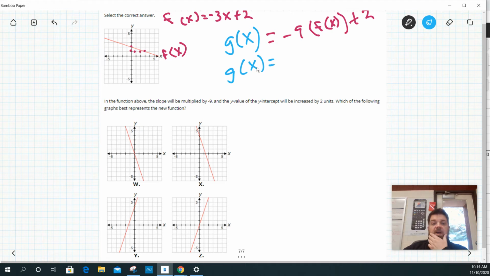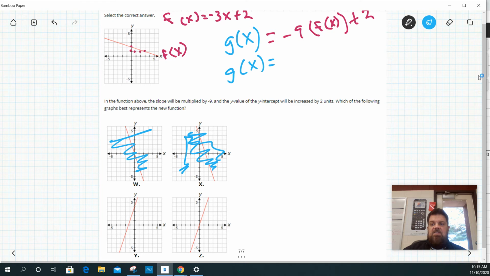Wait, if I multiply it by a +9, it would be a +27. So right off the bat, I should know that I'm going to have a positive slope, right? I just figured out that if I multiply -3 by -9, I get a positive slope. This is downhill. This is not the answer.